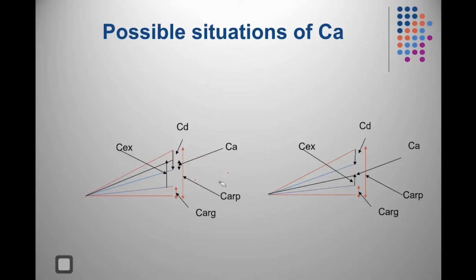Second situation can be, now suppose this is the cant required for goods and I add cant excess, I come to this location. This is the cant required for fastest train, I deduct cant deficiency and I come to this location. There is no overlapping in between. So in that case, I will have to reduce the speed of my passenger train, so that मेरी यहाँ जो वैल्यू आ रही है मैं इससे ज़्यादा प्रोवाइड ही नहीं कर सकता हूँ, because that gives me the maximum cant excess I can provide.